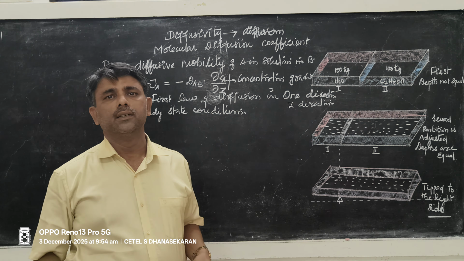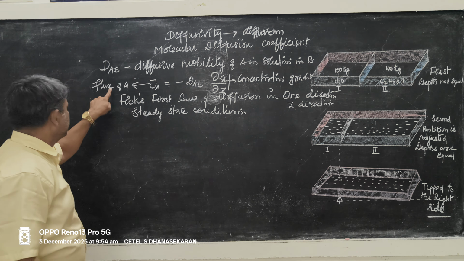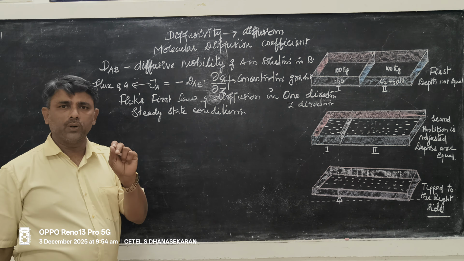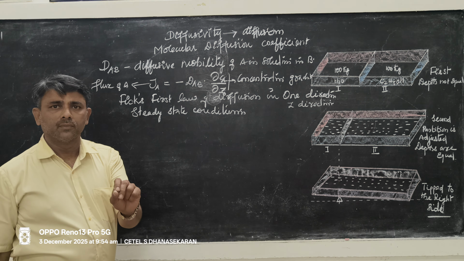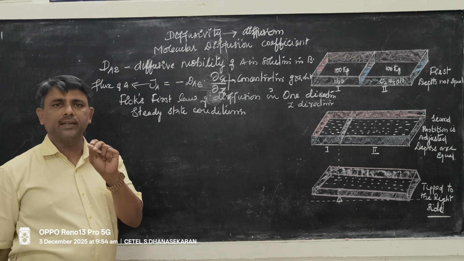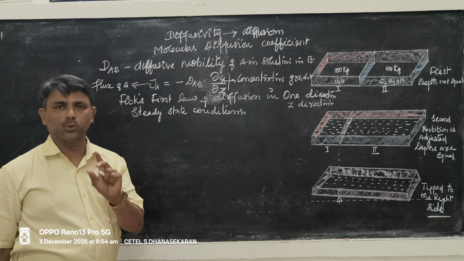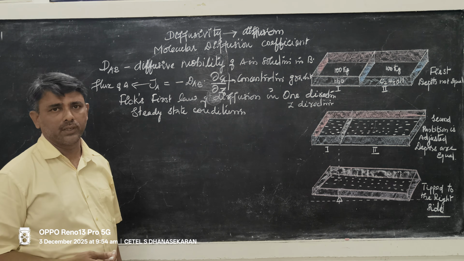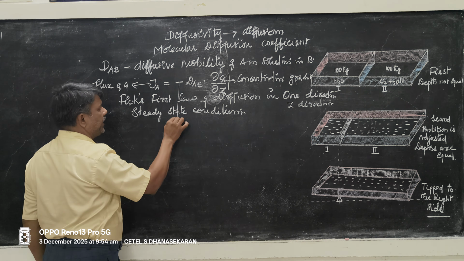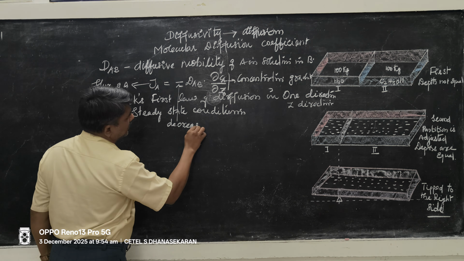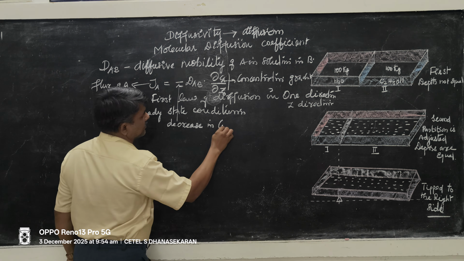Flux JA is flux of component A. It represents characteristic nature of the component A in the solution. Clear? This is Fick's first law of diffusion. This minus sign indicates decrease in concentration.